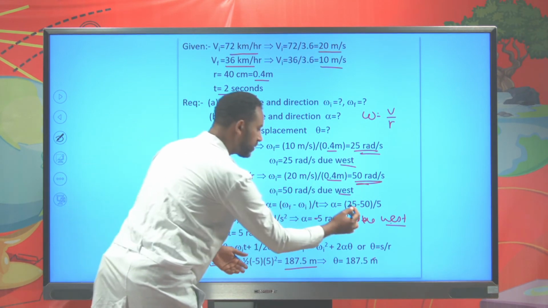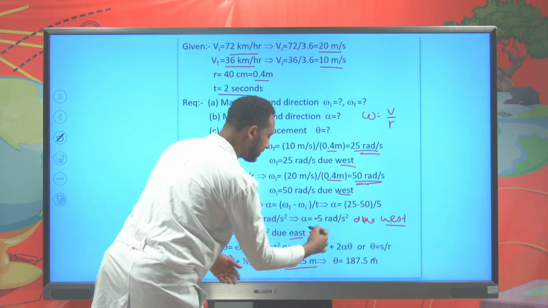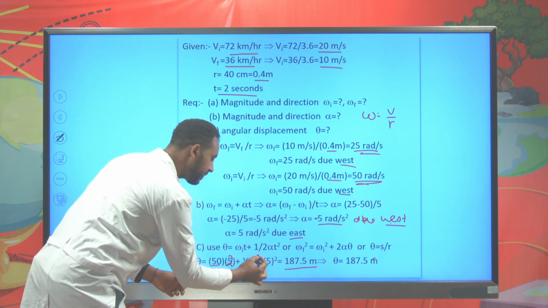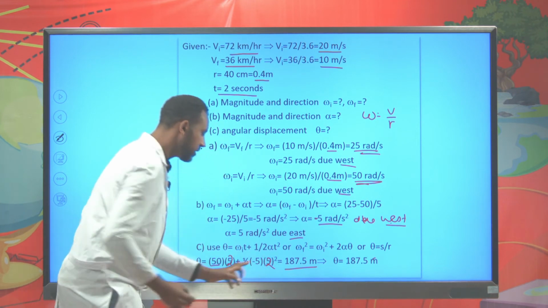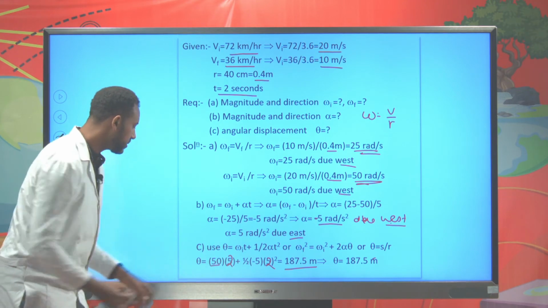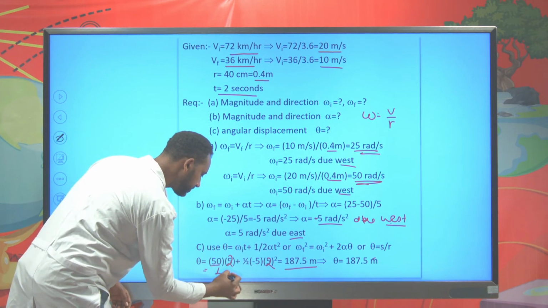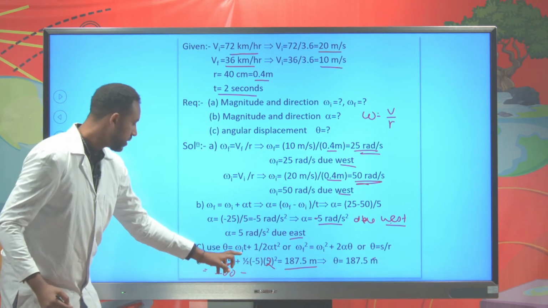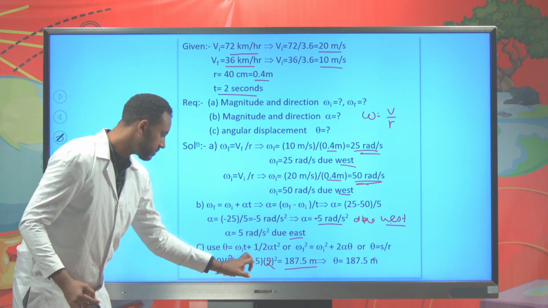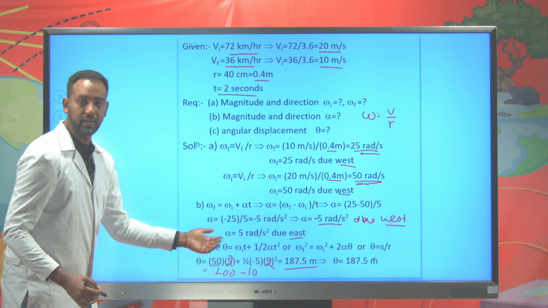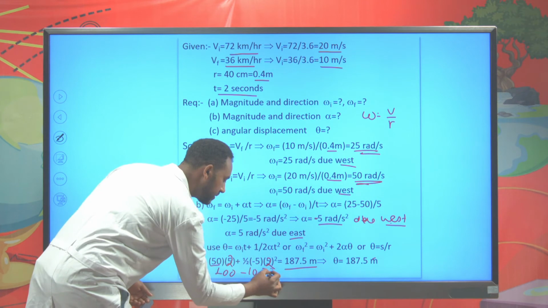We have already found the acceleration to be negative 5, so we put the negative sign as well, negative 5 rad per second squared, and the time is 2 seconds squared. When you put these in, it gives us 100, and minus, 2 squared is 4, divided by 2 gives us minus 10. So 100 minus 10 gives us 90 rad.